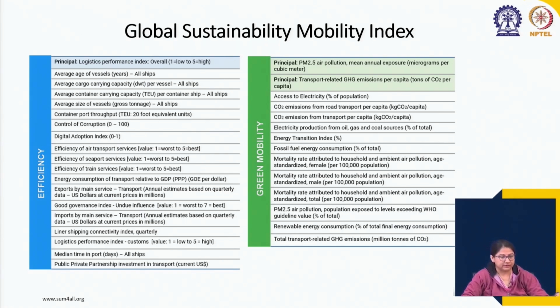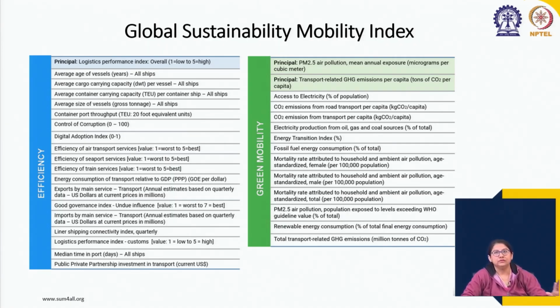So, in here all logistic related indicators are included, whether it be air based logistics services or water based logistics services. So, within green mobility, the principal indicators are related to exposure to pollutants such as PM 2.5 and transportation related greenhouse gas emissions, which is measured in terms of carbon dioxide emissions per capita.